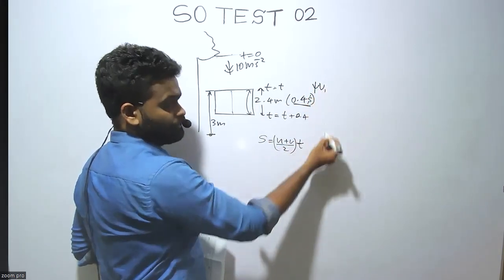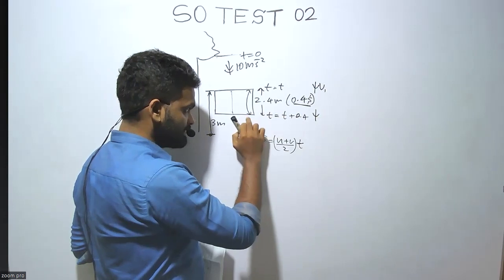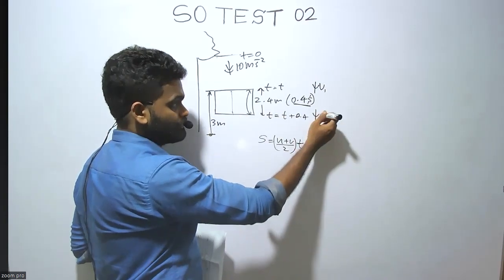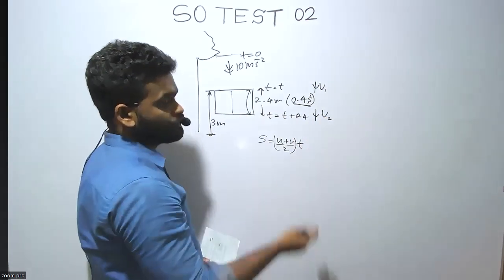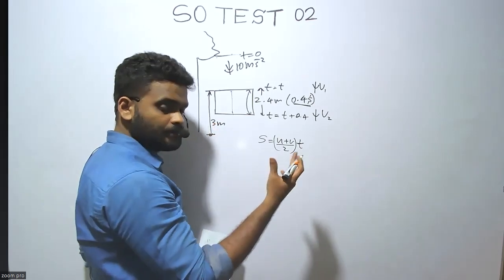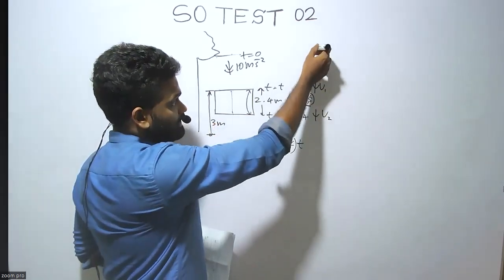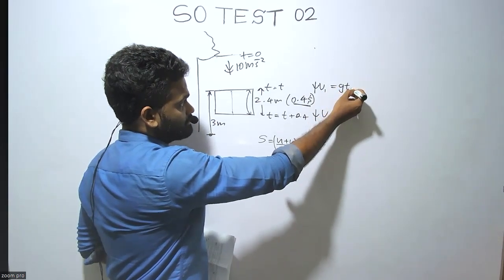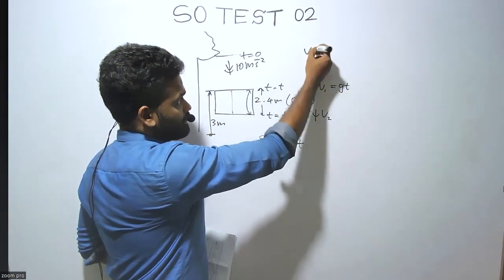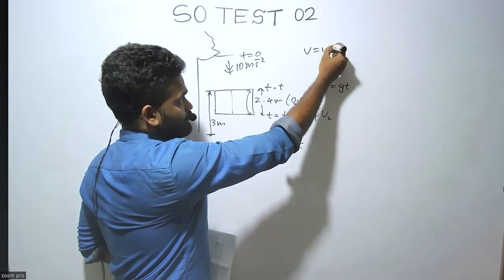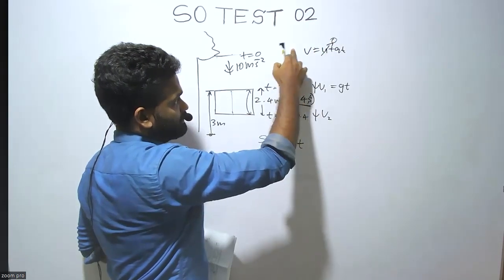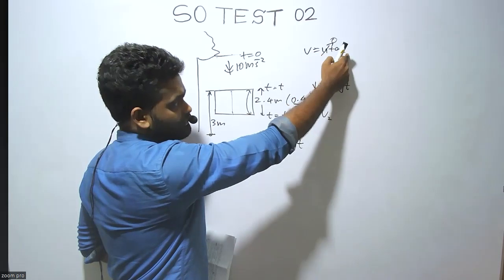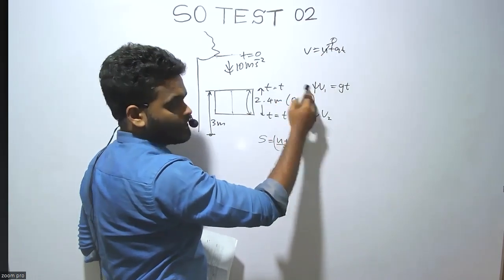Let's say that velocity is v1, and the velocity at the lower edge of the window. So you have to apply v equals u plus at. If you apply that, the velocity here becomes gt, because u is 0. Initial velocity is 0, then g, time taken is t.